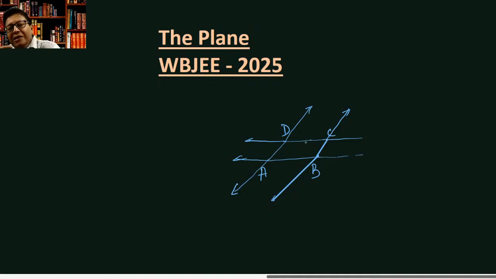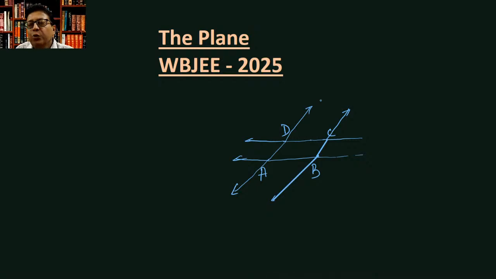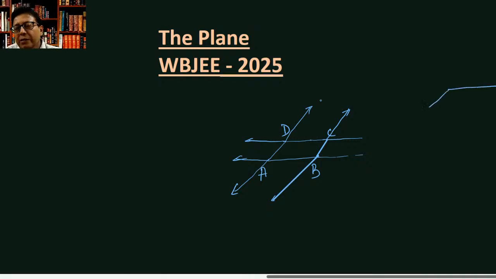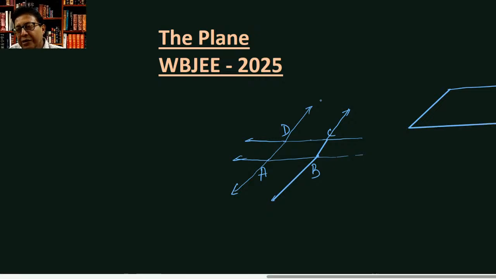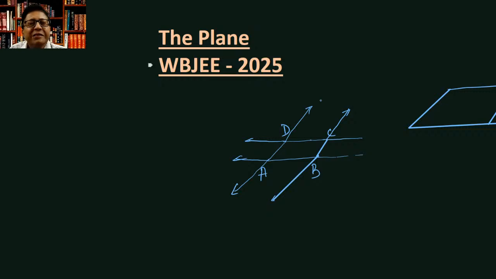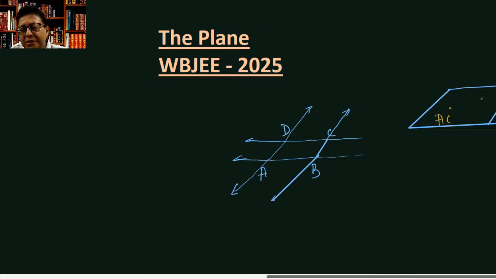So the question arises, is this a 3-dimensional object or a 2-dimensional object? Then we go for another definition of a plane: if for any 2 points on a plane or a surface, the line segment joining them lies completely inside the plane, inside the surface, then it is said to be a plane.